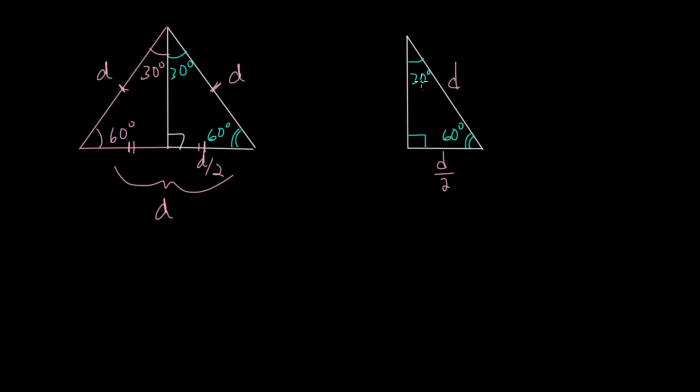So the side length that is opposite the 30-degree angle is always half the hypotenuse. And again, that's because this triangle is half of an equilateral triangle, and so this bottom side gets split in exactly 2. And what we need to do is figure out this length here, this height of the triangle. And we can call this, again, whatever letter we want since we're going to solve for it. But let's call it x.